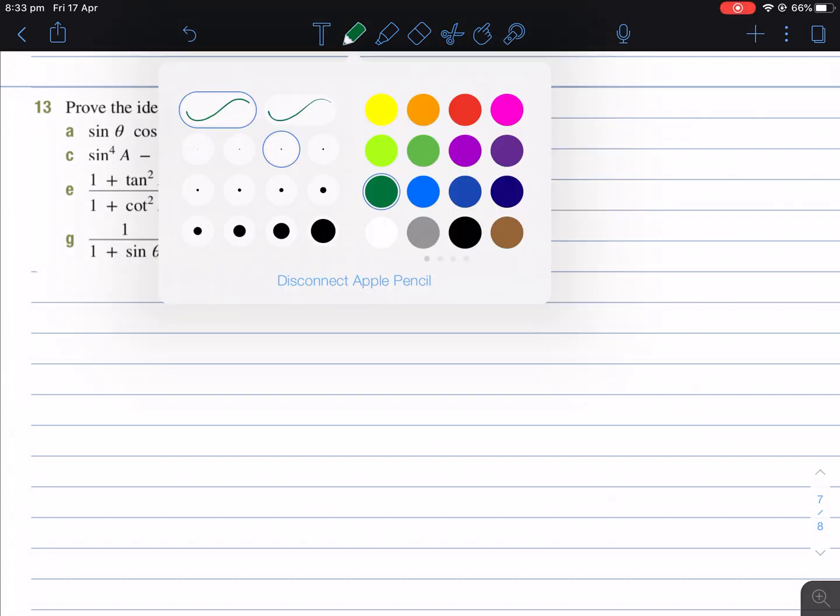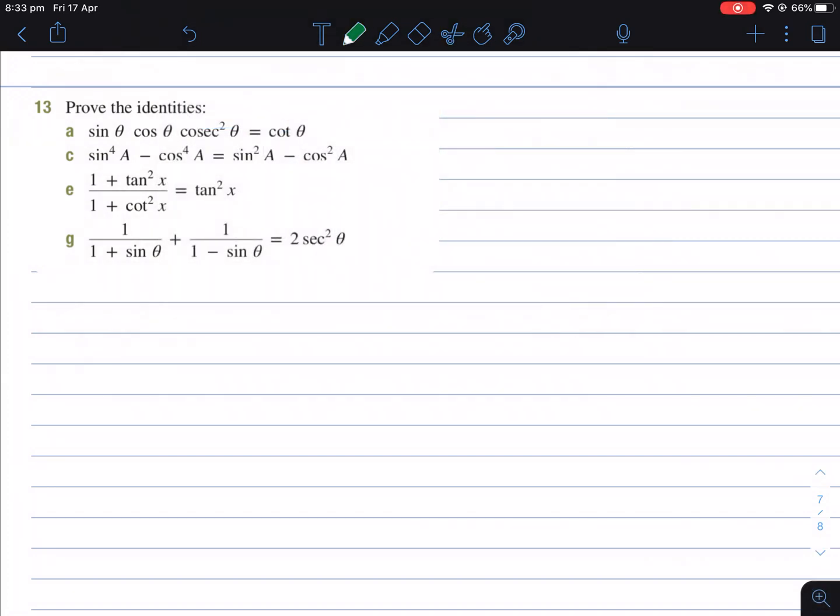All right, question 13. Again, I'm going to try and get away with just the fact that sine squared theta plus cos squared theta equals 1 and tan theta equals sine theta on cos theta. And then just hopefully just rearrange those.